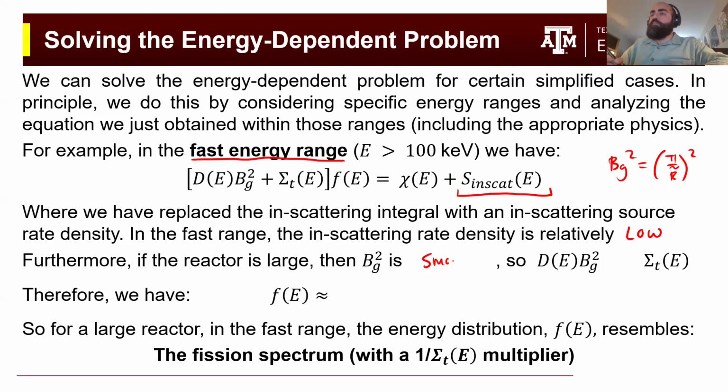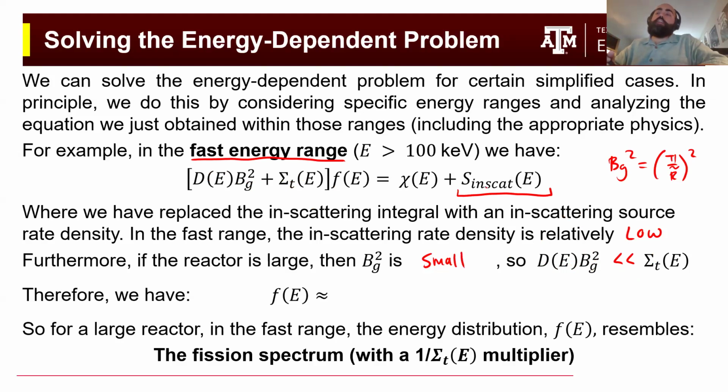And that means that if we compare the diffusion coefficient times BG squared to the total cross section, if the reactor is large and BG squared is small, then this term is going to be very small, so the total cross section is going to be much larger than D times BG squared.